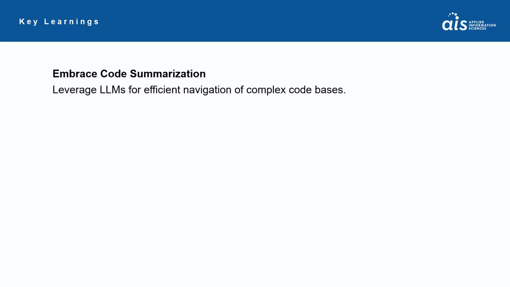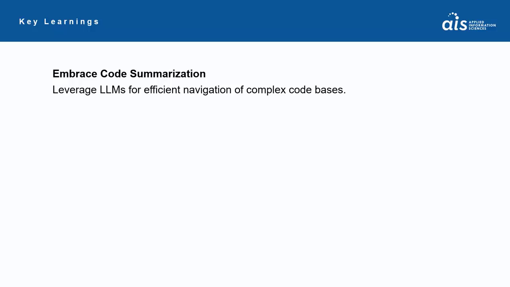Before I close, I wanted to summarize the key takeaways that we collected throughout the course of this video. First and foremost, I wanted to emphasize the importance of code summarization. As we discussed earlier, code summarization can be quite effective even when the generated code is not 100% accurate.